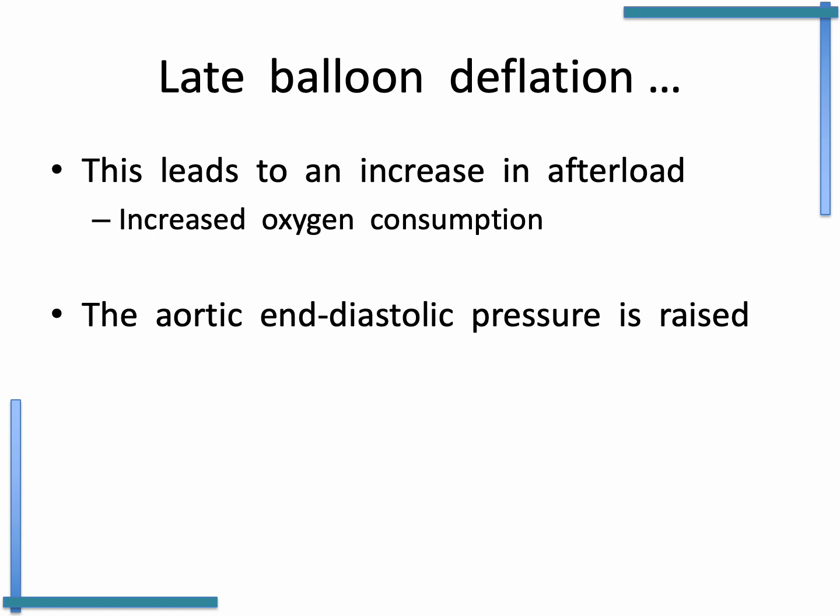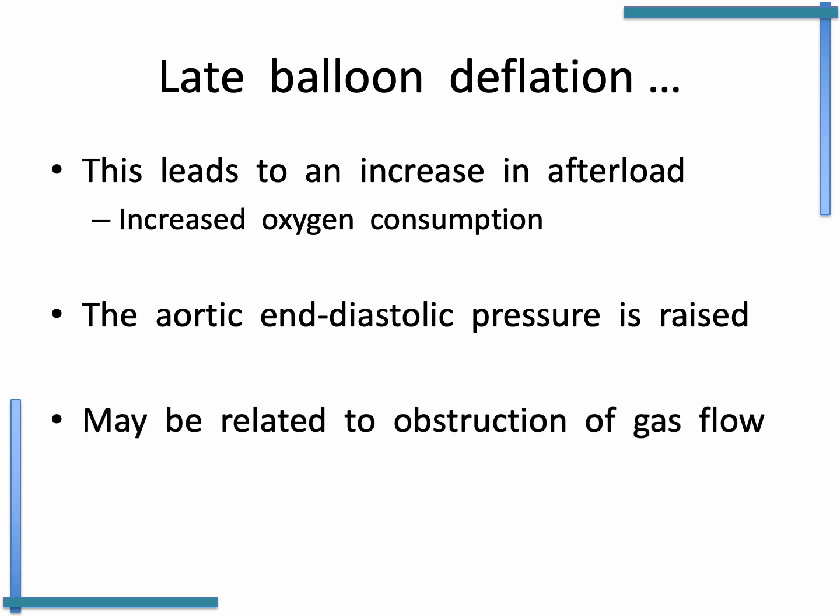And late inflation and early deflation just take away the power of the pump to provide the support that it could be giving. And then just to say that with late balloon deflation, one of the commonest reasons that we see that is there's an obstruction of gas flow in the tubing connecting the balloon to the actual balloon pump machine.